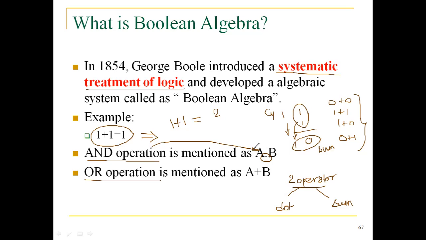Please listen. AND operation is a logical multiplication, and logical addition is the OR operation. So what are the operators? Two operators. One is the dot operator, that is multiplication. Another one is summation, that is the plus operator. Totally two operators are there.